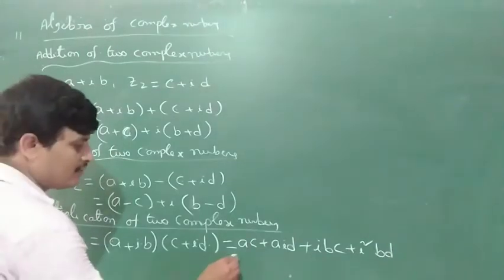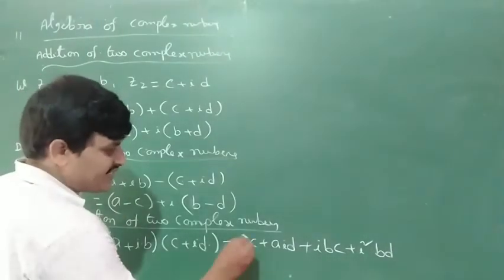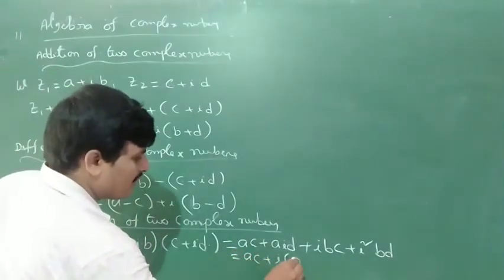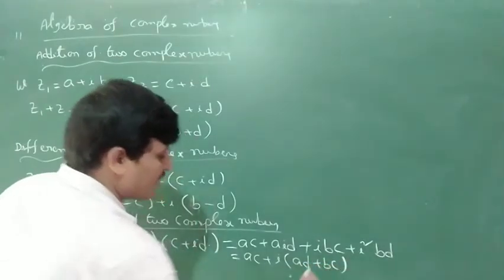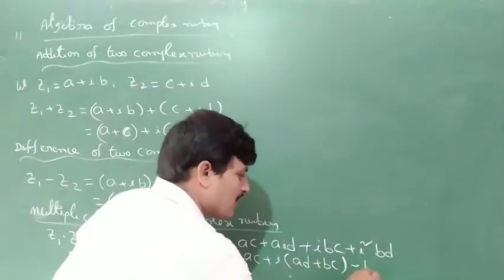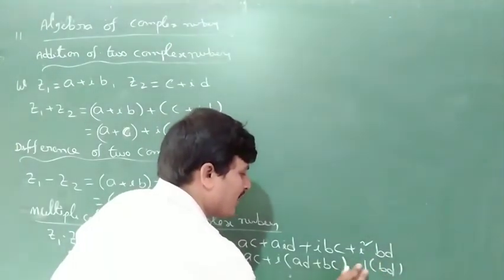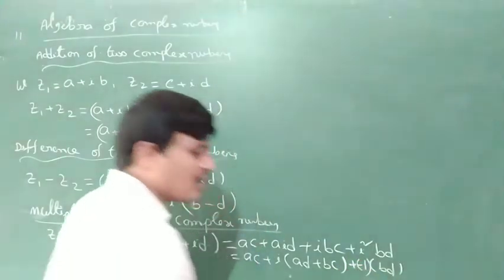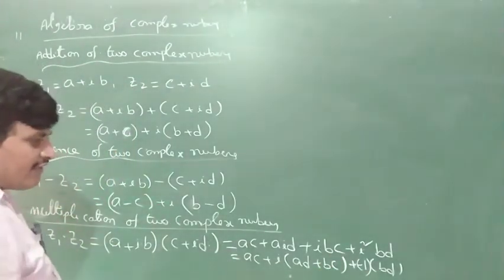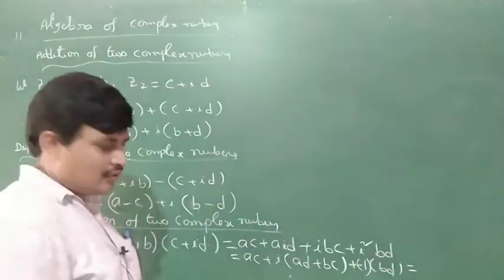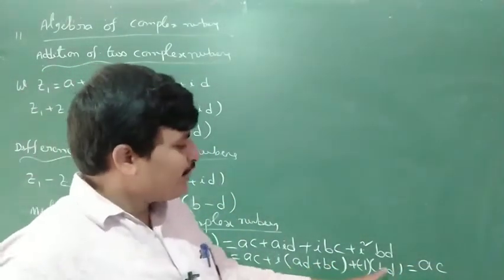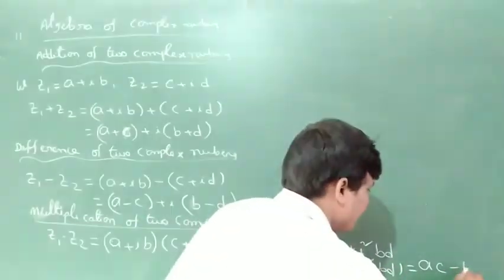Next, finally, AC plus i common, AD plus BC, plus i square BD. What is i square? Minus 1. So i square is equal to minus 1. Finally that is equal to AC minus 1 into BD, minus BD.